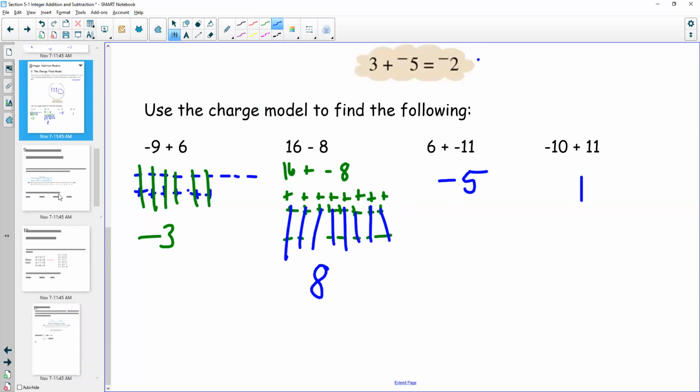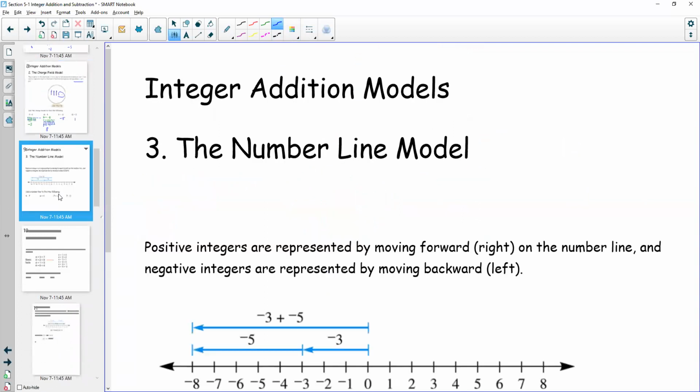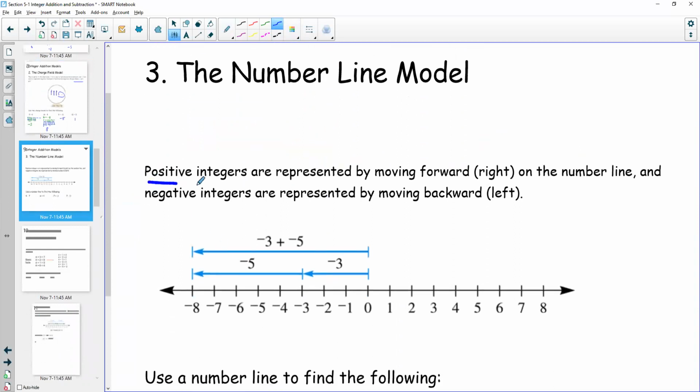Okay. The third model is one step even further abstract, is to take all of this and put it on a number line. Okay? Remember, on a number line, positive integers are represented by moving forward. We think about moving forward as moving in the positive direction, right? We move to the right. Negative integers are moving backwards to the left.